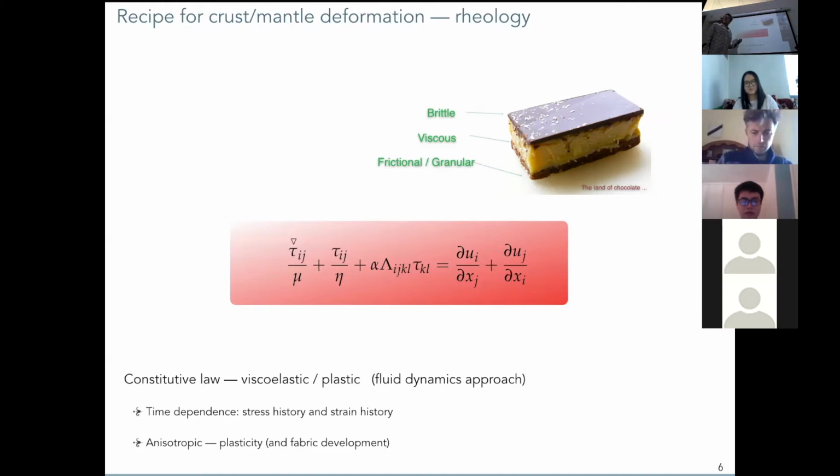You do that, you've got quite a lot of the ingredients you need to do models which include the mantle and the lithosphere as well, right? So you can in principle do those things.